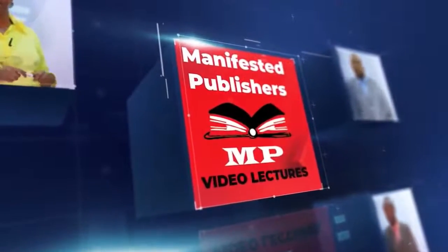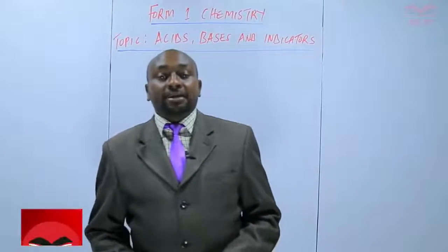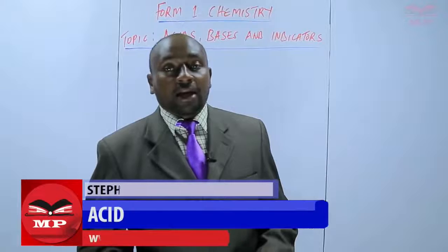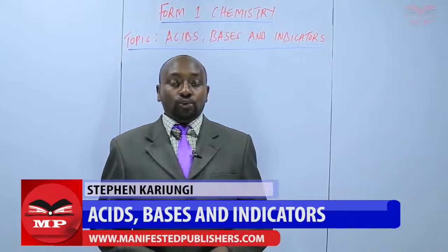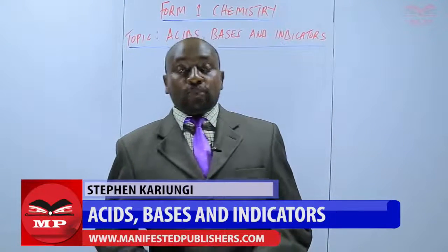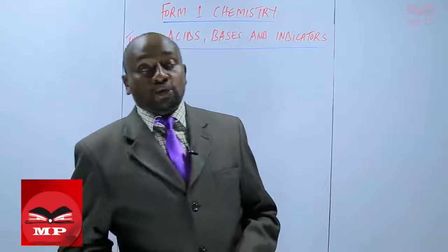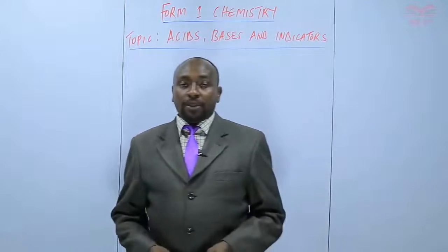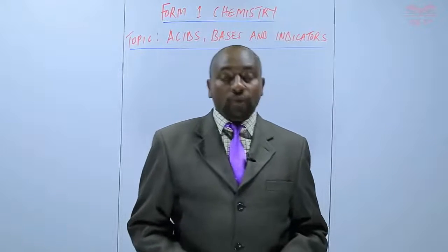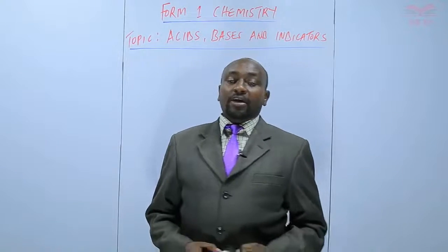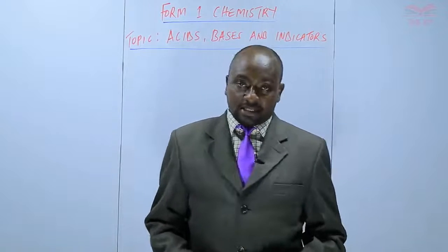Welcome to Manifested Publishers. Welcome learners, my name is Stephen Kariungi, and today we continue with our topic of discussion. The topic is acids, bases, and indicators, a topic in Form 1 chemistry. At this point, we are going to discuss commercial indicators.